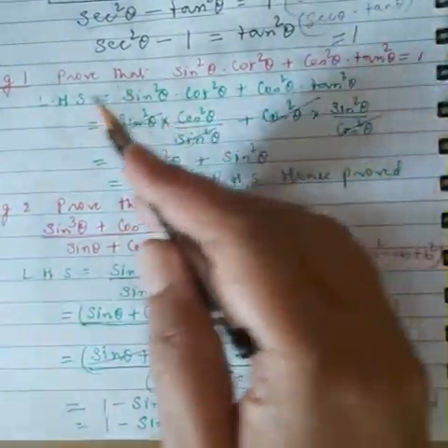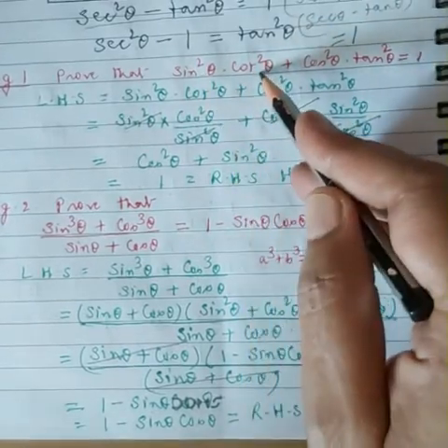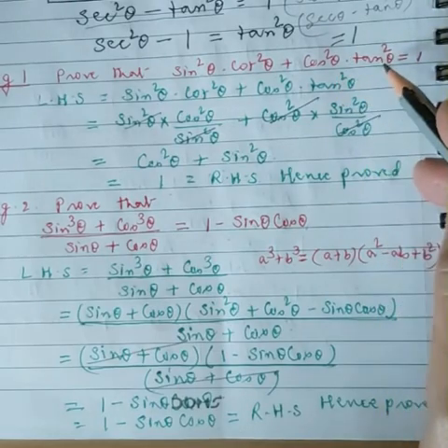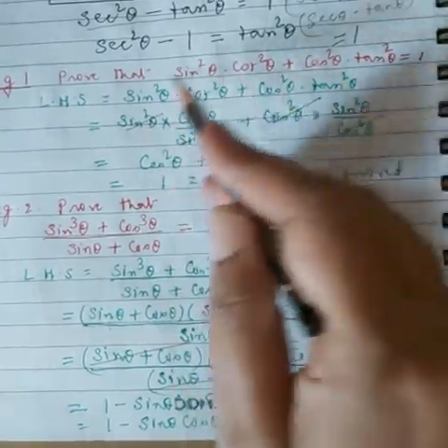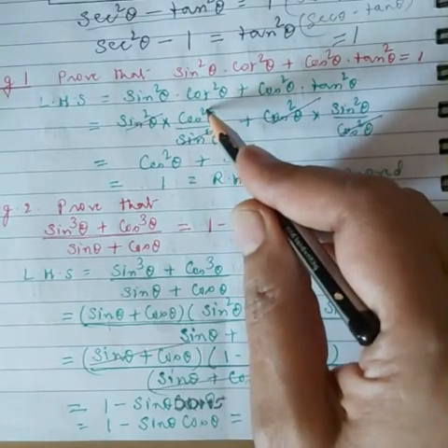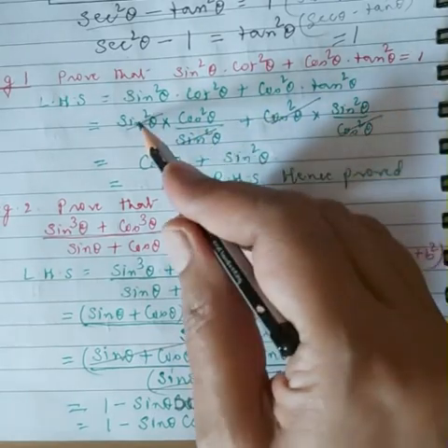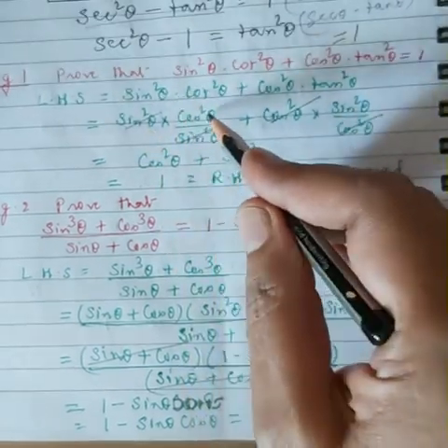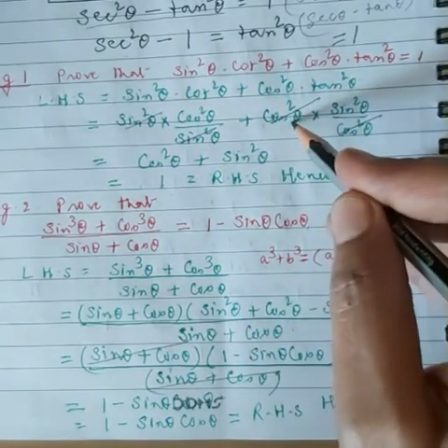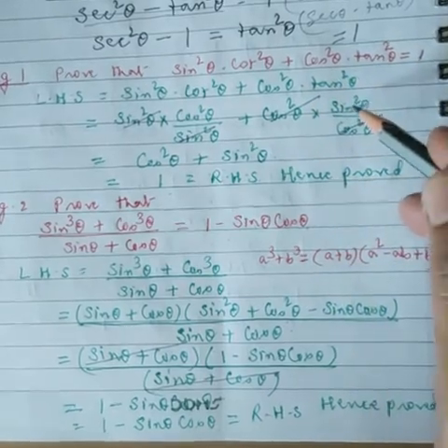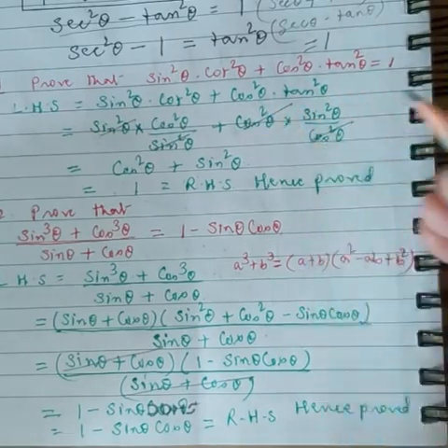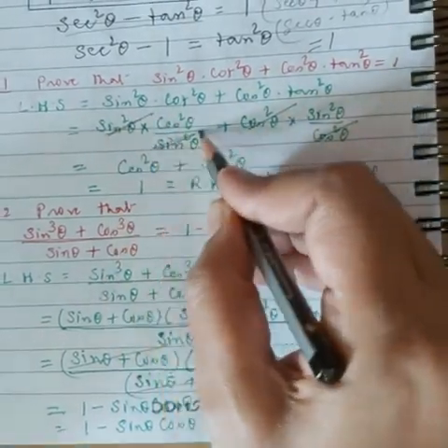So let us see that left hand side is sine square theta multiplied by cot square theta plus cos square theta multiplied by tan square theta. So this is what is written here. Now we know that cot square theta you can write as cos square theta by sine square theta. So sine square theta multiplied by cos square theta divided by sine square theta. Similarly, cos square theta and this tan square theta you can write as sine square theta by cos square theta. Now, this sine square theta and this sine square theta cancel.